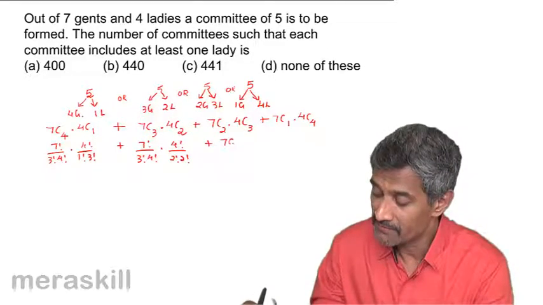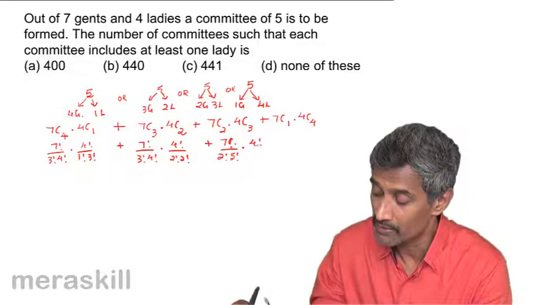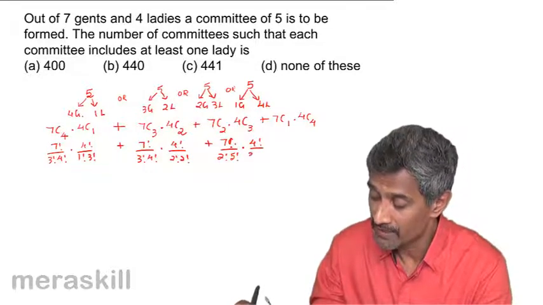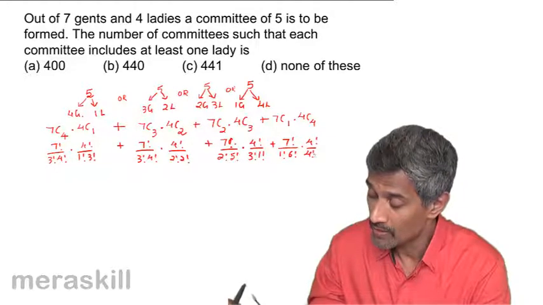This would be 7 factorial into 2 factorial into 7 minus 2, 5 factorial into 4 factorial into 3 factorial into 4 minus 3, 1 factorial. This would be 7, 1, 6, and this will be 4, 4 and 0.